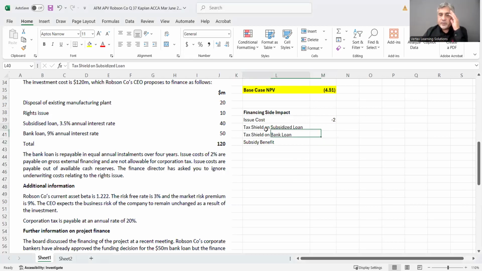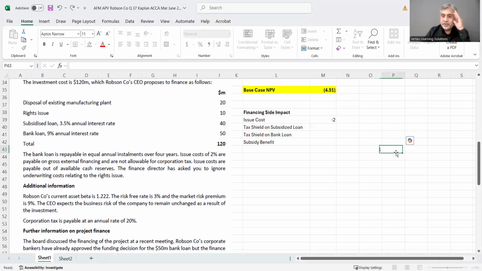Okay, if we have to calculate the tax shield on a subsidized loan, actually, I can calculate this very easily. It's very straightforward, and you should be doing it very quickly in the exam. But just for the sake of explanation, we'll start from the very basics.